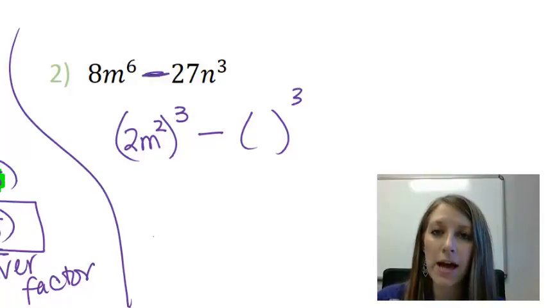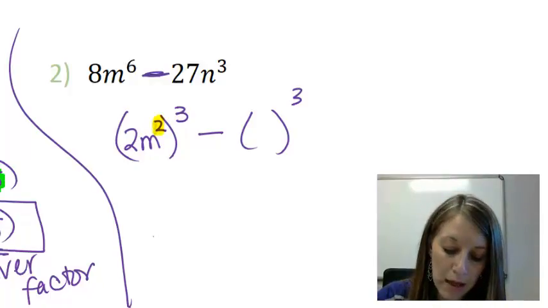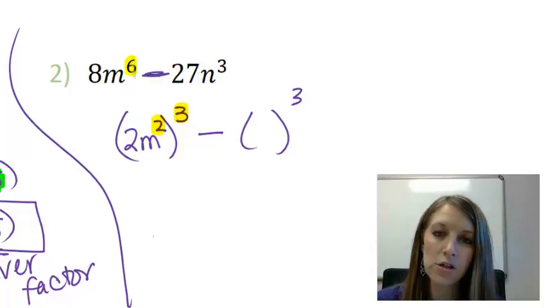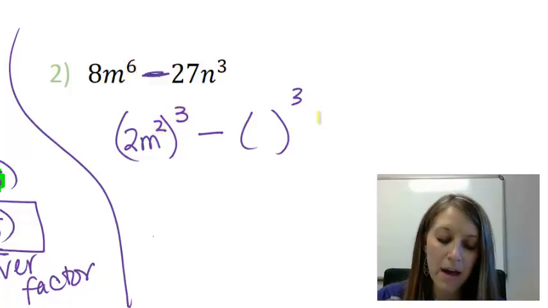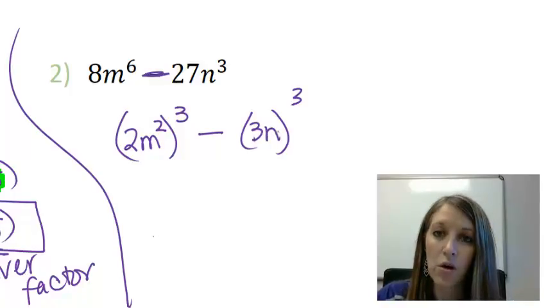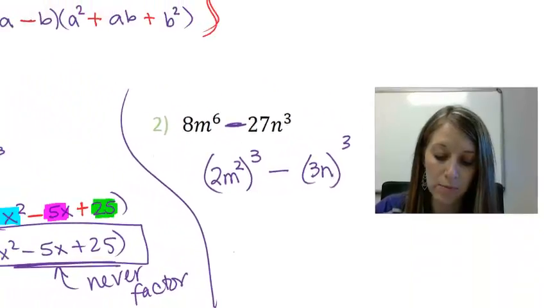If you remember back to your exponent properties, you would multiply these two exponents, and 2 times 3 gives me 6. So that's how I came up with m squared. In my back parentheses, I'm going to use 3 because 3 cubed gives me 27, and then n. So n cubed gives me n cubed.